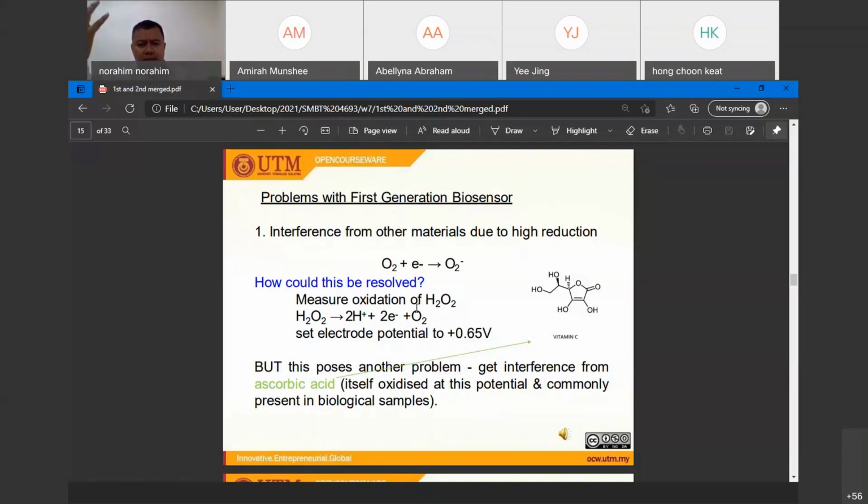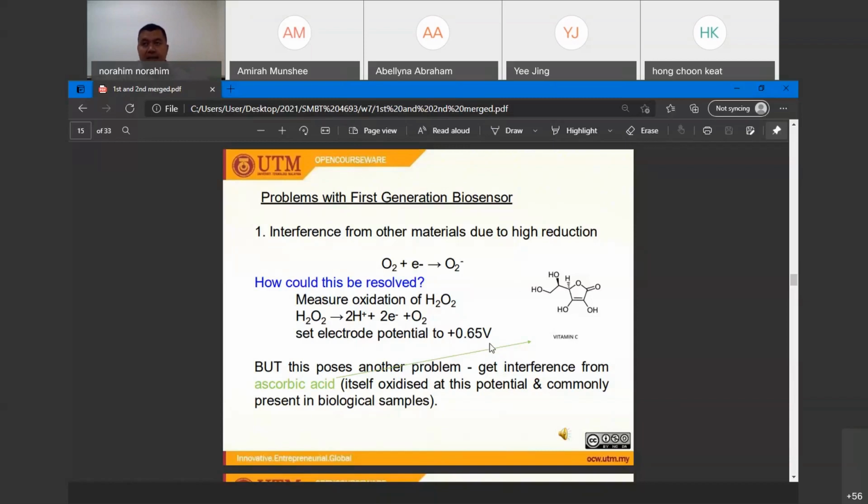But after they did this, there's another problem, which is interference from ascorbic acid. There is another product being produced in the system. Ascorbic acid is actually vitamin C. If you go to pharmacies, the departmental store, the drugstore, you will see ascorbic acid sold as vitamin C. The ascorbic acid itself is oxidized at this potential of plus 0.65, and ascorbic acid is commonly present in biological samples.